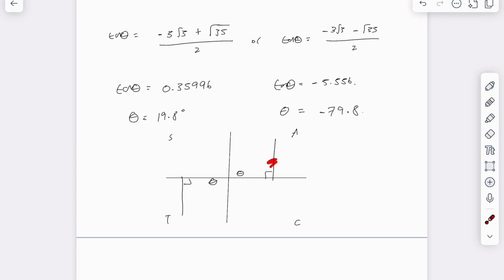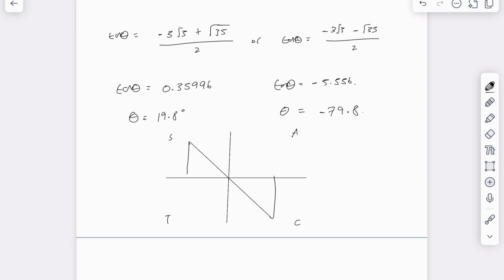Now, why have I kept it as negative 79.8? Because others would maybe just keep it positive. Because here's what I'm going to do. And this is very key with cast diagrams. This is how you make things so much easier for yourselves. Is to just draw the triangles. Okay? Don't get too fancy, just draw the triangles.